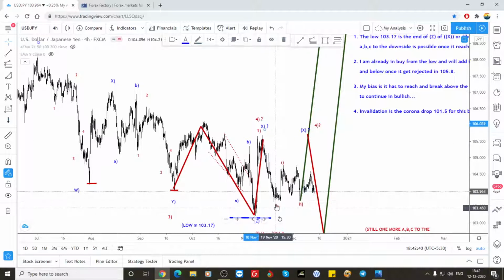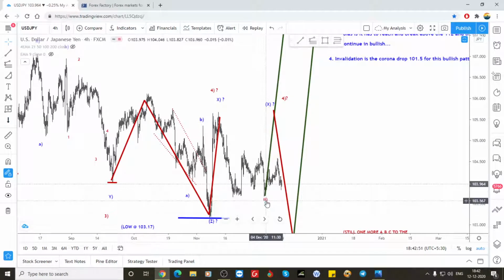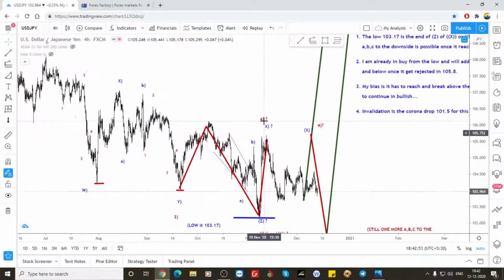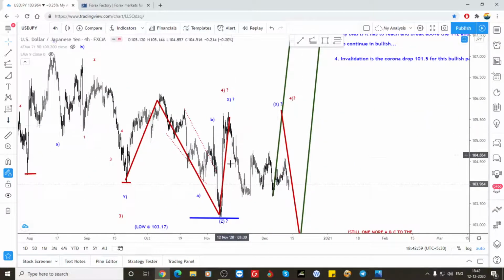This is my previous analysis, 1 2, but it is not going anywhere, so I will remove this analysis from the previous week. So this could be the end of the fourth also, and here ABC is a W, and one more, it has to break this high.